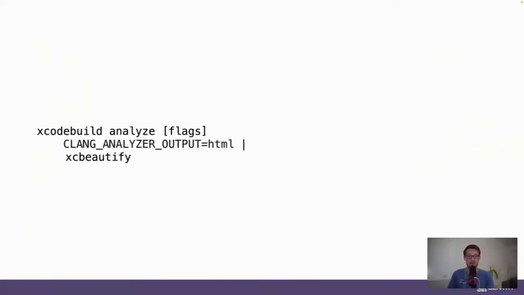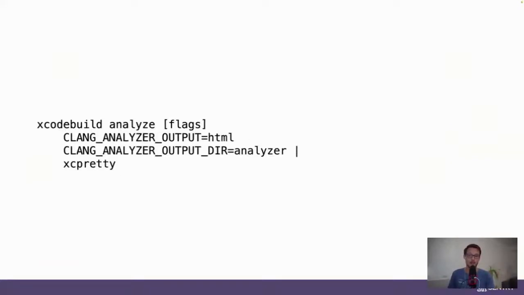So how can I do that? I do this by just creating an HTML report, passing in this flag. And I also tell Xcode, instead of storing it in this local private location, that it should store the analyzer output in a local directory called analyzer.